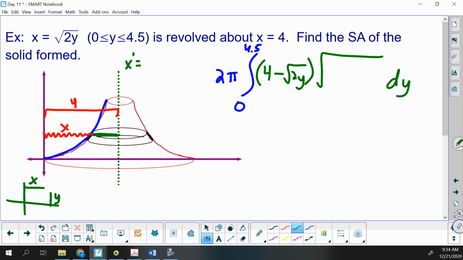So our derivative is going to be 1/2. 2y is really now raised to the negative 1/2 times the derivative of the inside, which is 2. So that's really just going to be 2y to the negative 1/2. If we square that, we're going to get 2y to the negative 1, and then add 1.